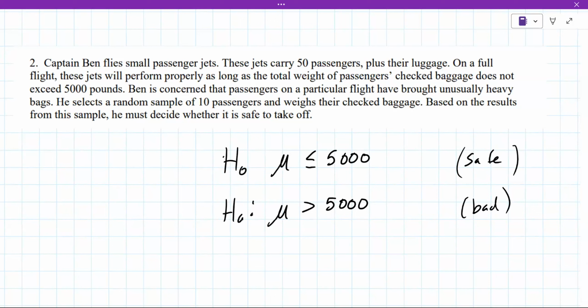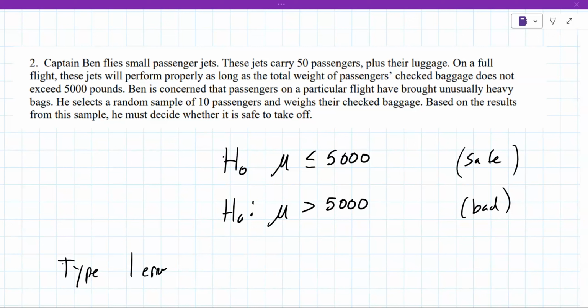Let's talk about what a type 1 error would mean. A type 1 error is when you reject H0. So what would that mean in this context? What are you saying about the weight of the bags?